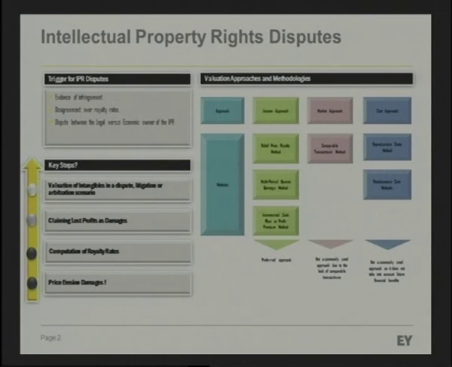The second trigger could be a disagreement over the royalty rate itself. For example, if there is a 3% royalty rate which has been agreed that the Indian company would be paying to a foreign company or a parent company, that 3% royalty rate in today's world, after the commercial exploitation for a period of 10 years, may not appear to be reasonable. So there's a disagreement over the rate itself.